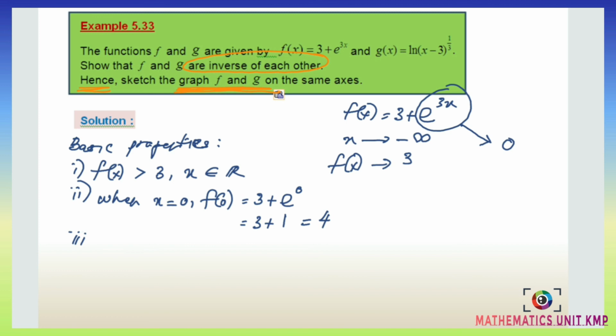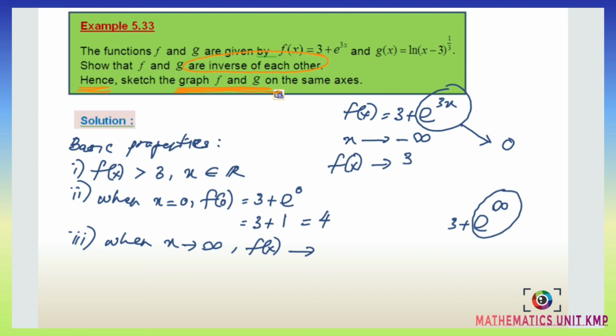And the third, when x approaches infinity, to the right, f(x) approaches 3 plus e to the infinity. e to the infinity is the largest value.